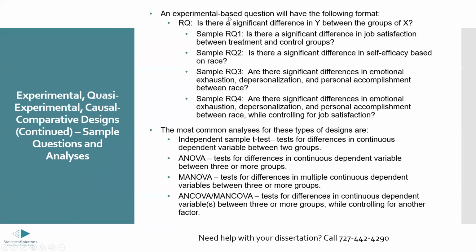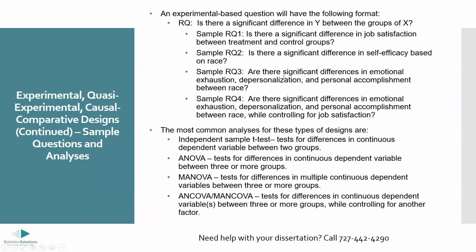So an experimental-based question usually has the following format. Is there a significant difference in Y, your dependent variable, between the groups of X, your independent variable? Here we have some examples. Is there a significant difference in job satisfaction between treatment and control? Is there a significant difference in self-efficacy based on race?